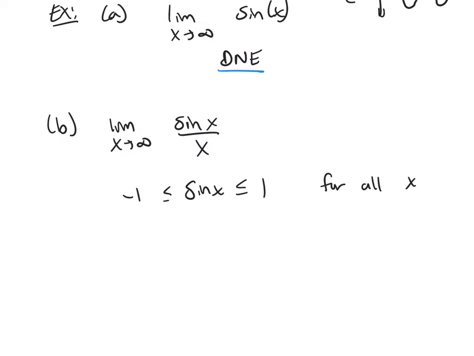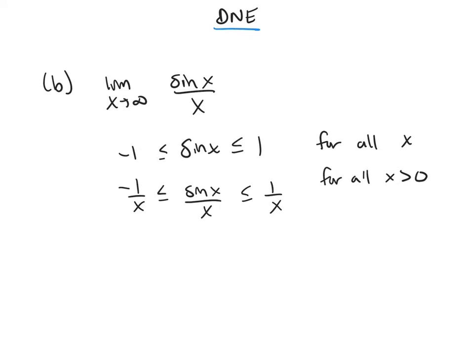Now, if x is positive, I can divide by x, and it won't change my inequality. And so what I've done is I've squeezed my function between these other two functions, and so I'm going to look at the limit of those two functions.